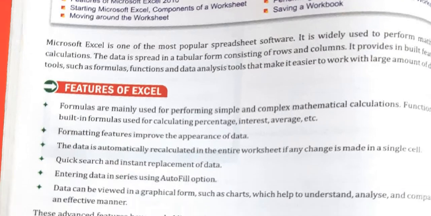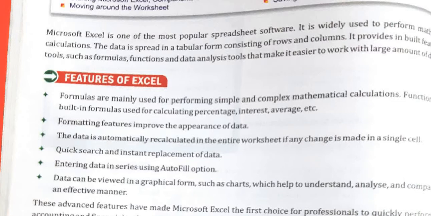So what all are the features of Microsoft Excel? Let me show you first the interface, right? Then we will discuss the features of Excel. So how will you start?